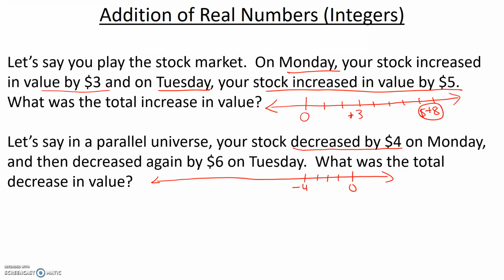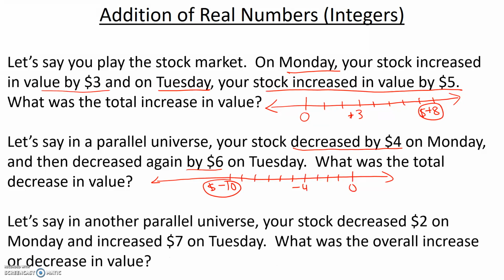Now, from -4, your stock decreases again by $6. So that's 1, 2, 3, 4, 5, 6. We have -1, -2, -3, -4, -5, -6, -7, -8, -9, and -10. So the total decrease in value of your stock is $10.